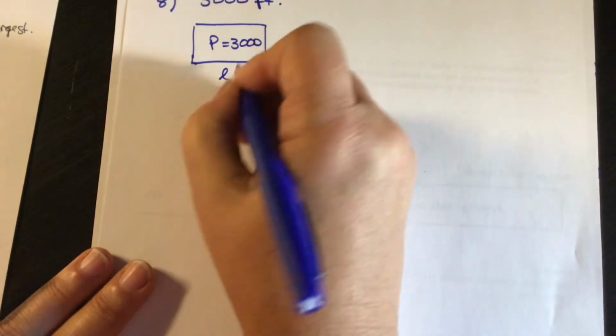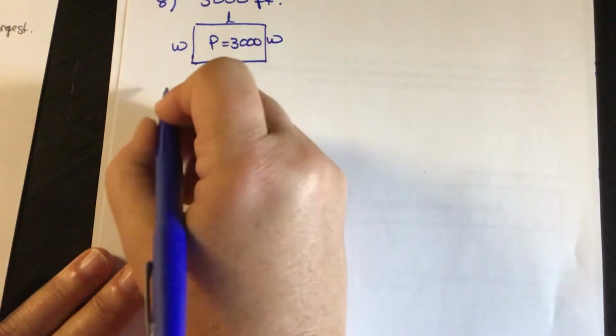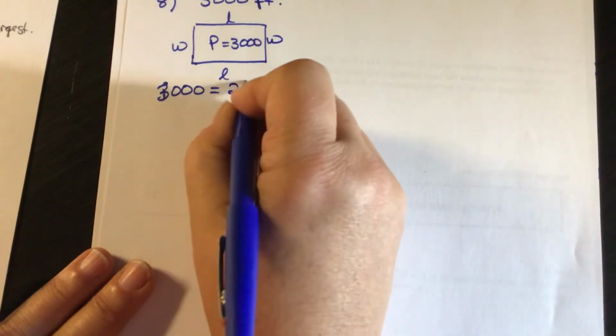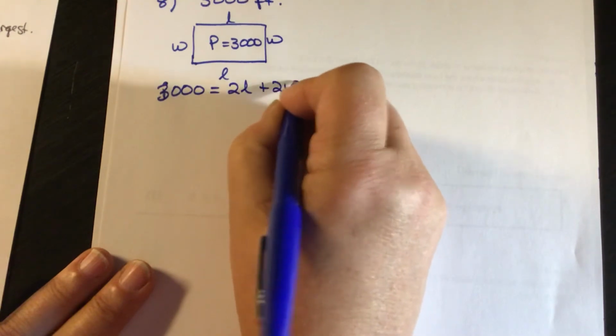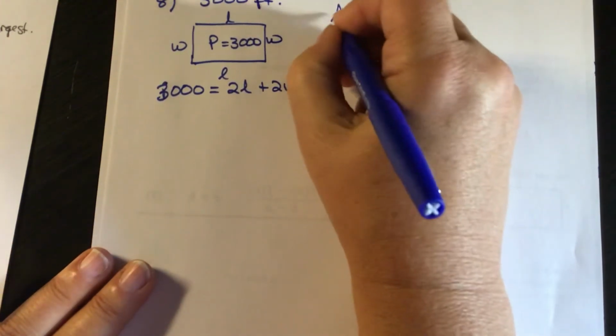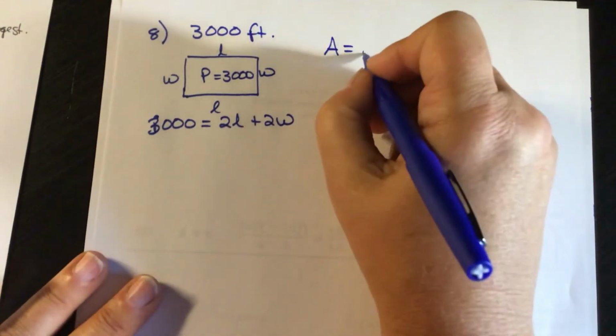And we know here's length, here's width. So I have that my perimeter, or 3,000, equals 2 length plus 2 width. All right. Also, we're maximizing the area. So we know area is length times width.